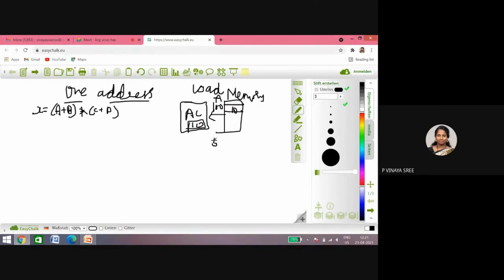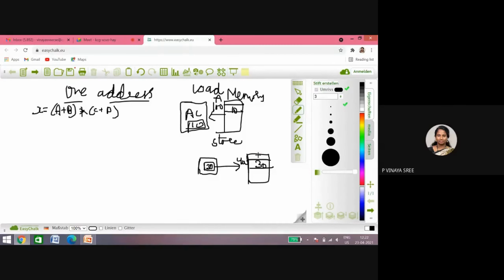Store is what? Store is accumulator to memory. After performing any operation, addition, subtraction, multiplication, you will get a result. Let us consider the result is 30. That result you store back in one particular address, 400.